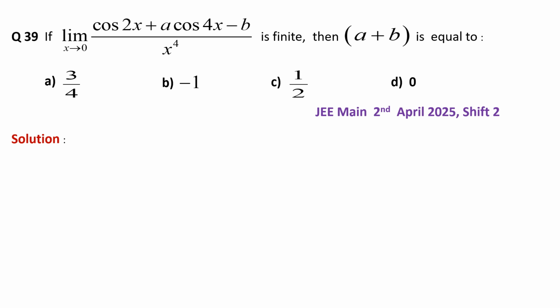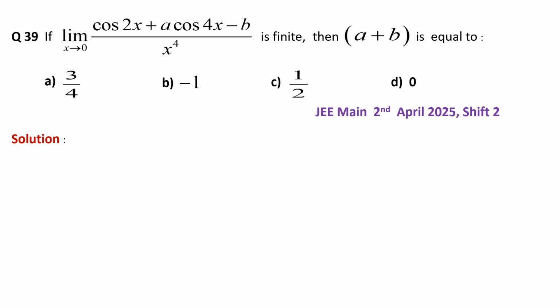Now students, since the value of this limit is a finite number, and when I put x as 0 in this limit, the denominator approaches 0, this clearly indicates that the numerator must also approach 0. Because only then it will attain the 0 by 0 form and its value may come as a finite number.